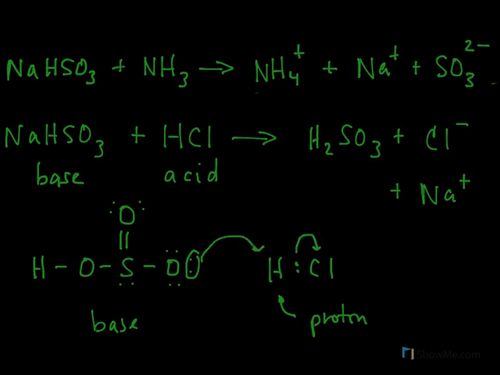These two electrons will stay with the chlorine. And so that's why you can get this as your product. Again, the sodium is just a spectator ion. It does not change chemically at all in this reaction. It's just there to even out all the charges.